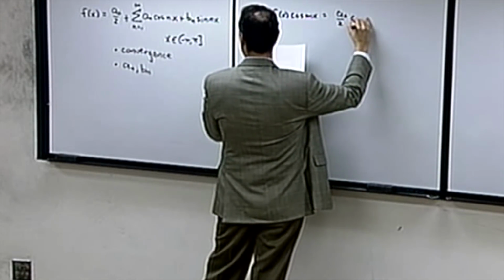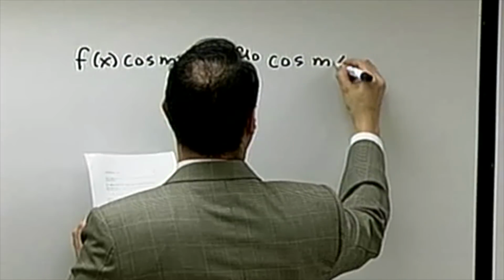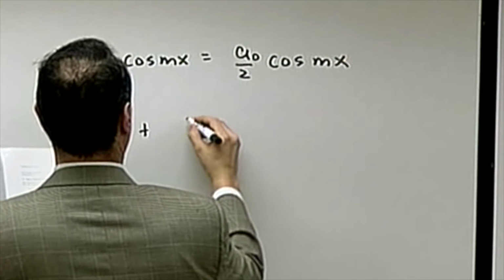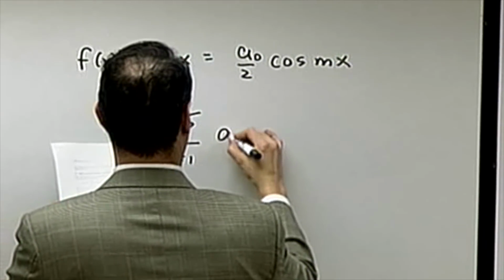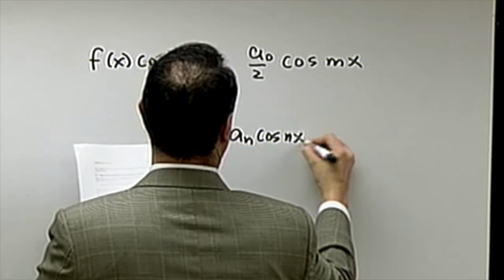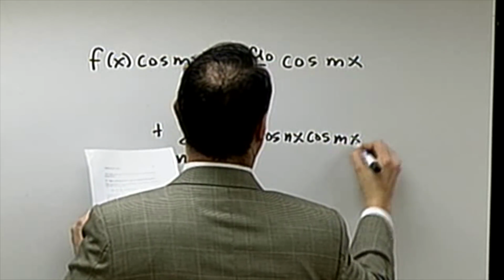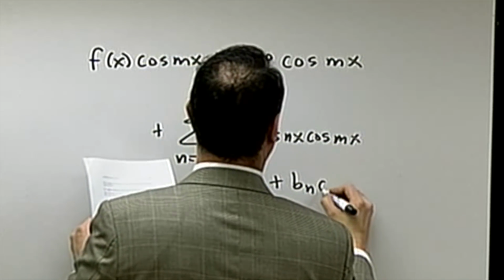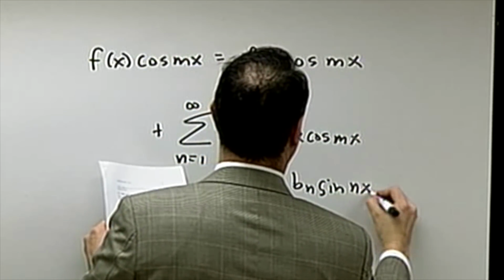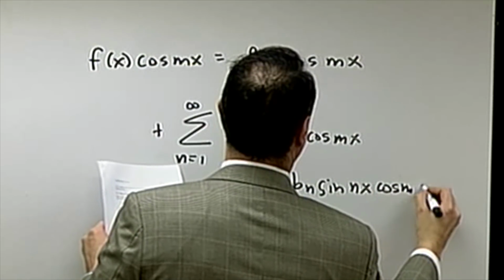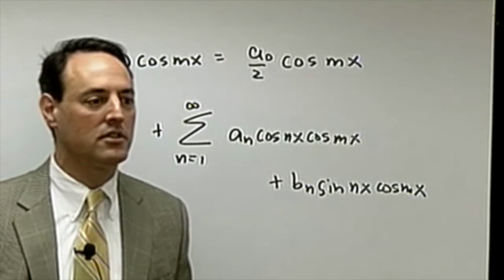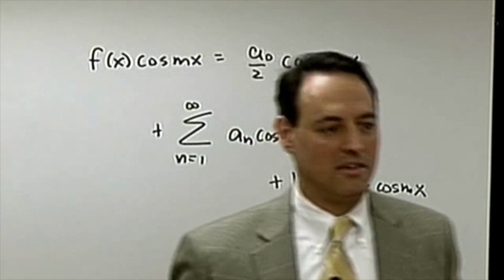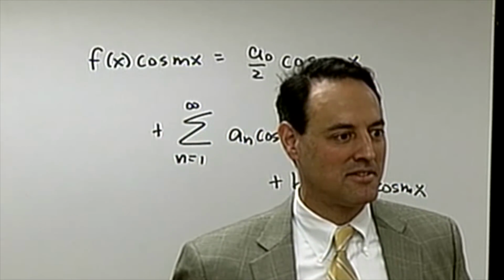So I have f of x cosine mx equals the sum of a of n cosine nx cosine mx plus b of n sine nx cosine mx. I can do that. Multiply by a function. The next thing I'm going to do is integrate both sides from negative pi to pi.